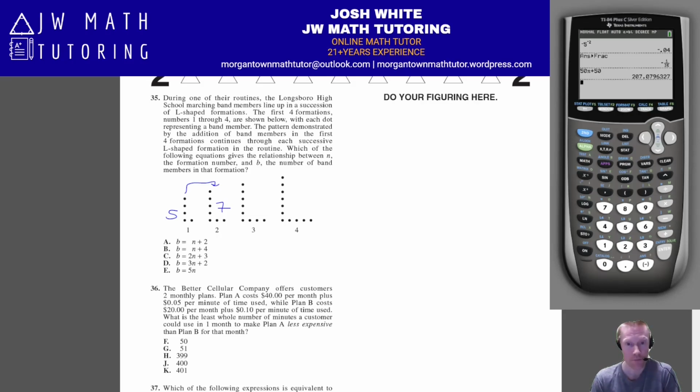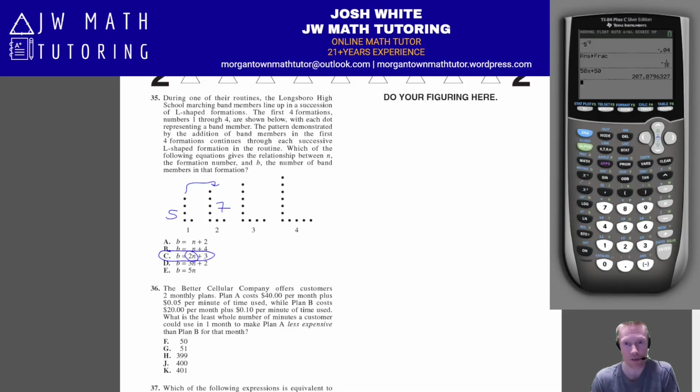That means our slope, or our rate of change when we increase the formation number by 1, has to be 2. Therefore, the correct answer has to be letter C, because that's the only one that has a 2 in the slope part of these linear equations.